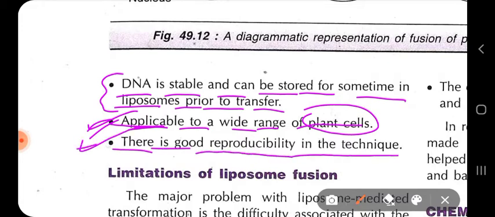It is more efficient, and you can increase the efficiency further by addition of polyethylene glycol. As you know, polyethylene glycol binds to cations indirectly, or it can bind directly to anions also, in the plasma membrane of your protoplast.